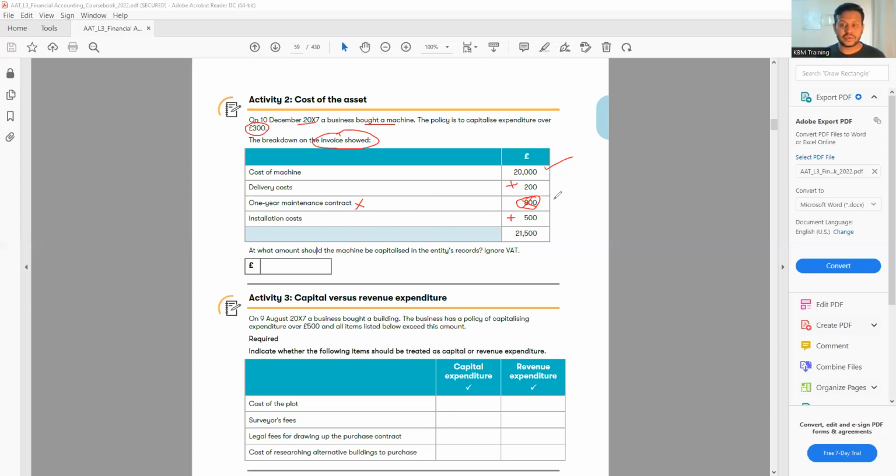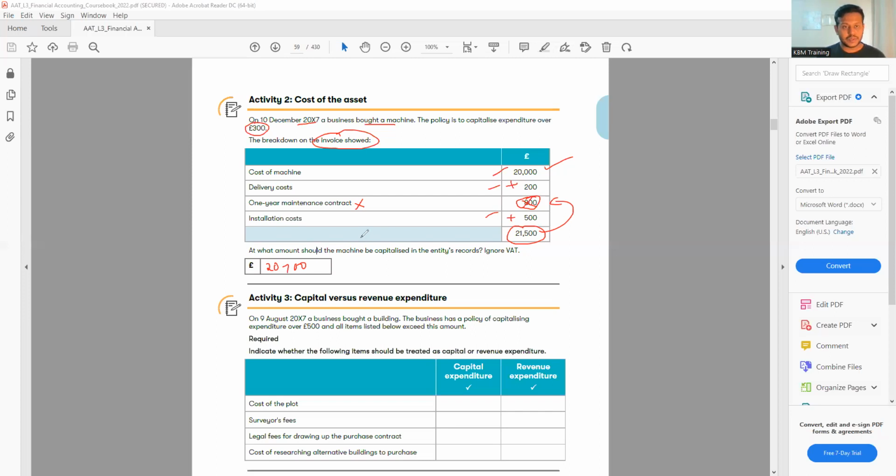So we add 20,000 plus 200 plus 500, or we can take 21,500 and minus the 800, it will give you the same figure. So this will be the total cost, that will be 20,700.